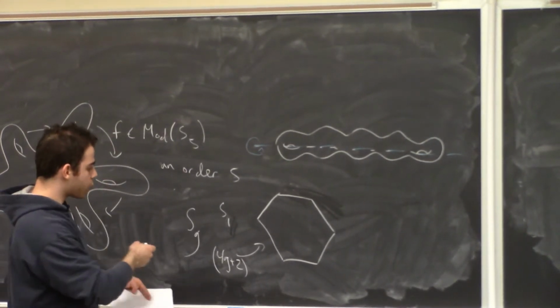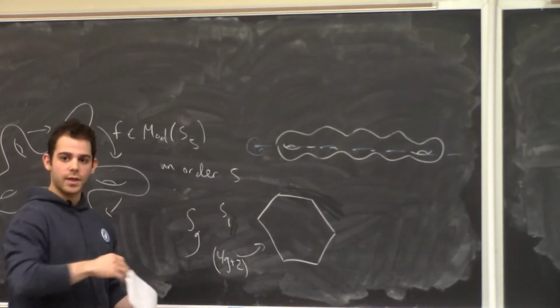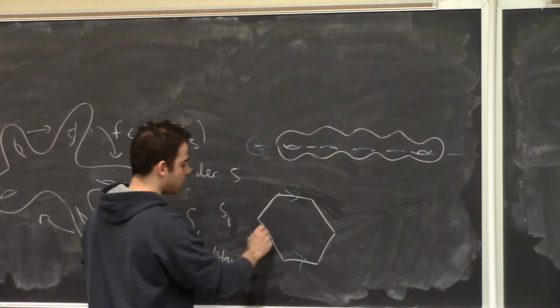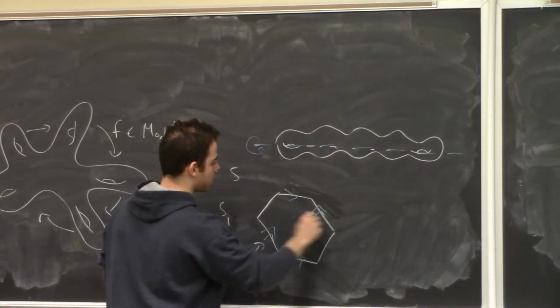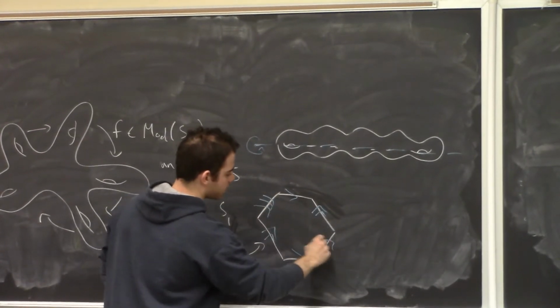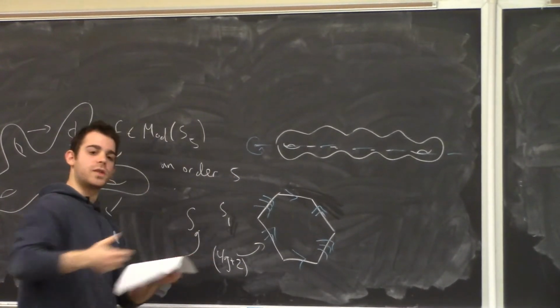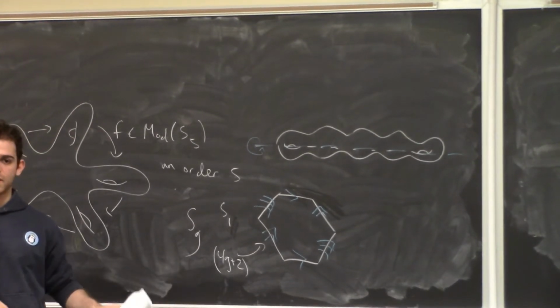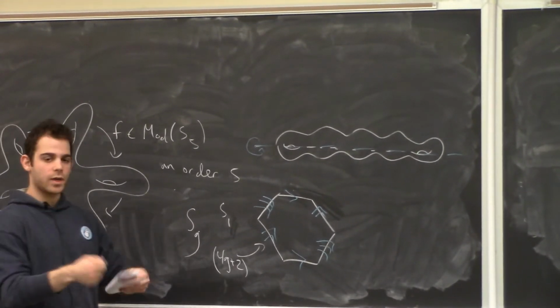I can always recover S_g by folding the opposite sides. So I'm going to identify these 2 sides, these 2 sides, and these 2 sides. And when I fold these things up, you'll see I'll get a torus. This also works with just 4g-sided polygons, but when you add the +2, you get extra symmetry.